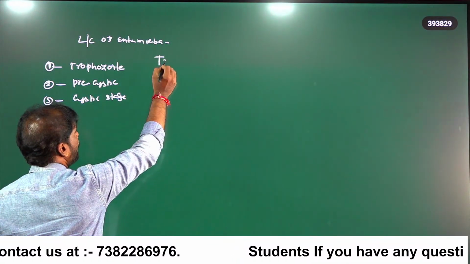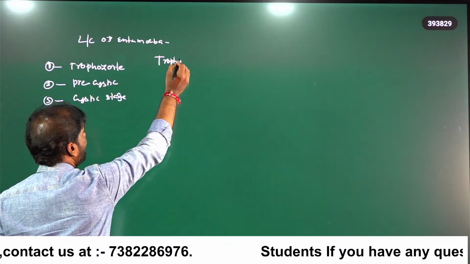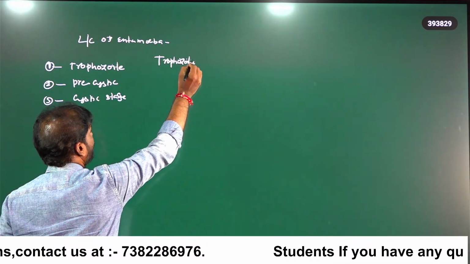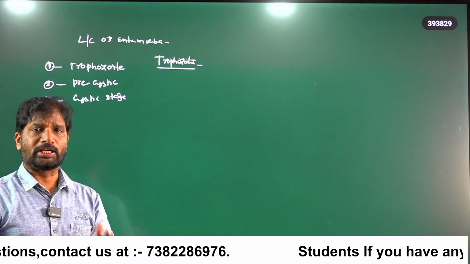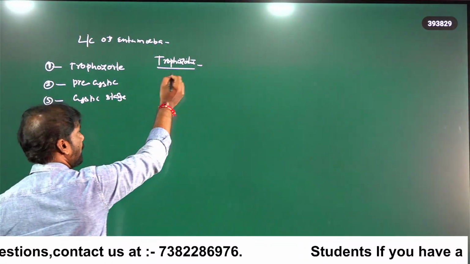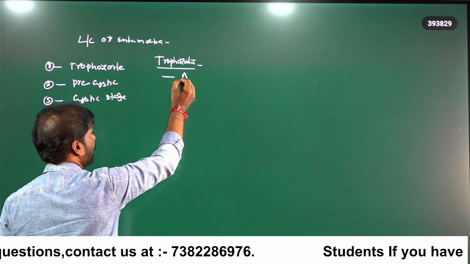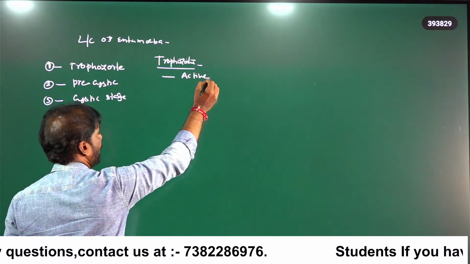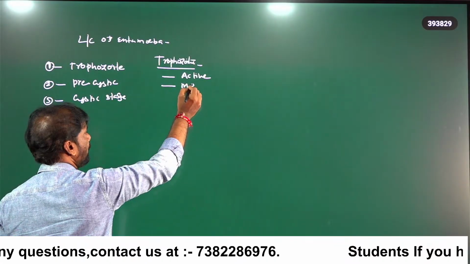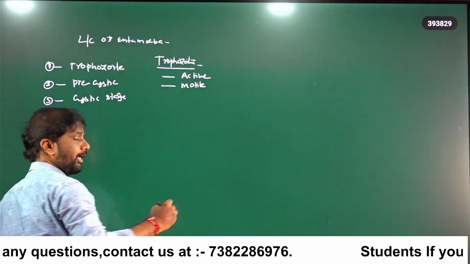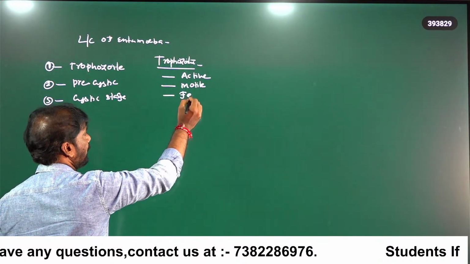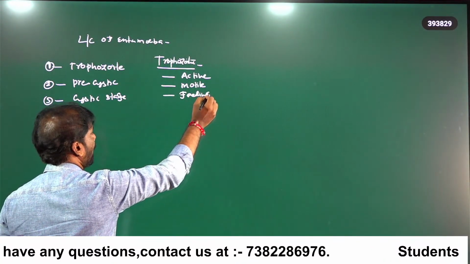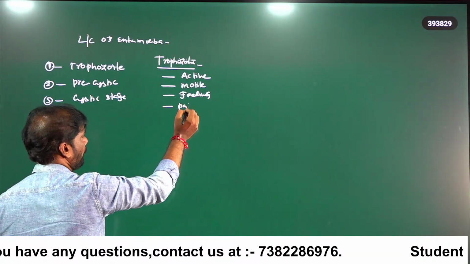The trophozoite stage is active and motile, that means it exhibits movement. It is the feeding stage and the pathogenic form.